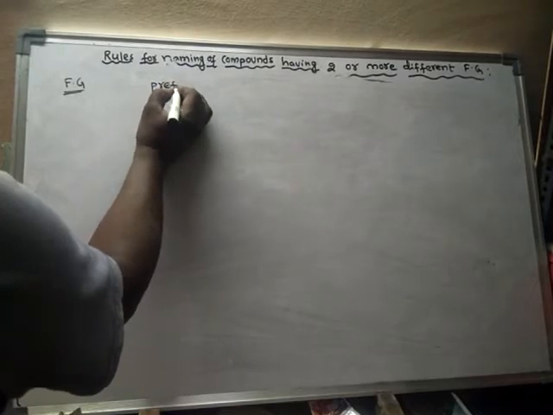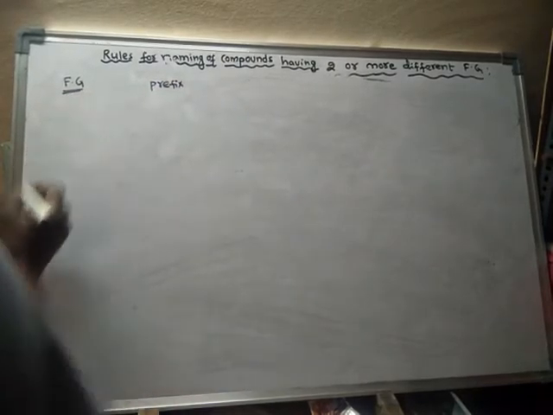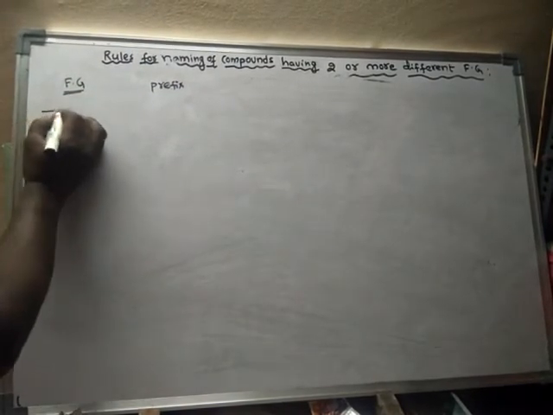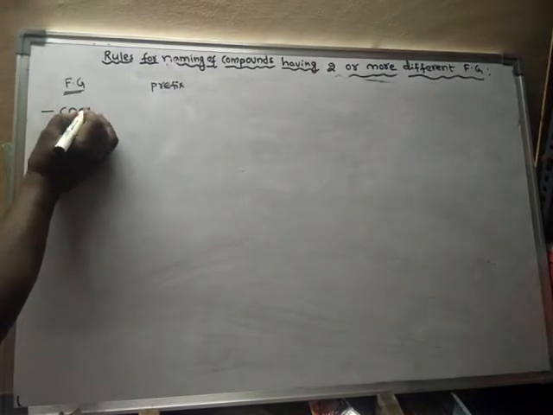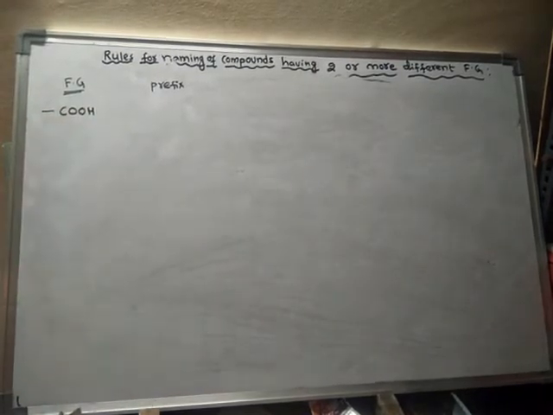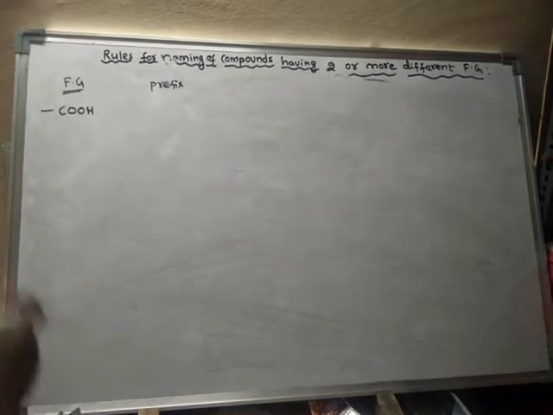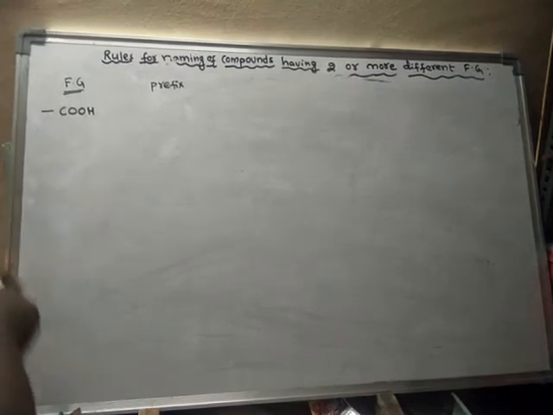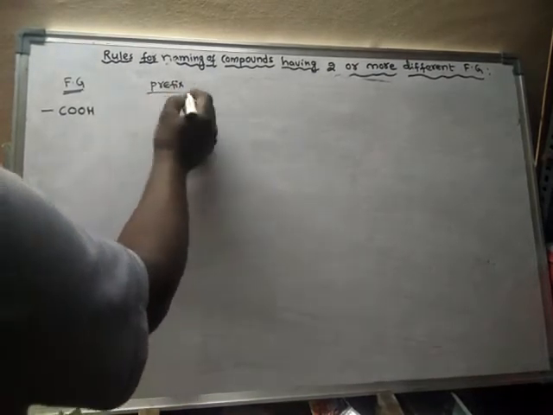So if functional group is COOH, generally COOH will always appear as main functional group. Suppose if there is any other functional group which is given more priority than COOH, in that case only this prefix should be used.